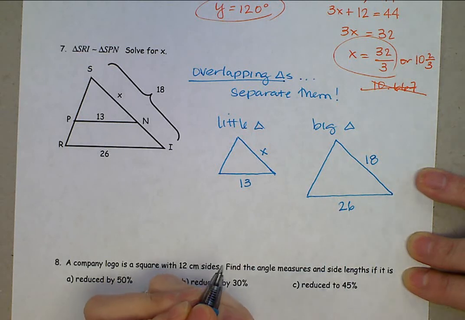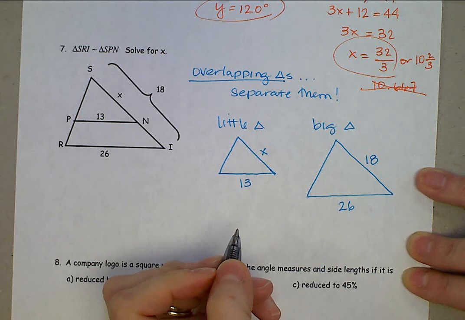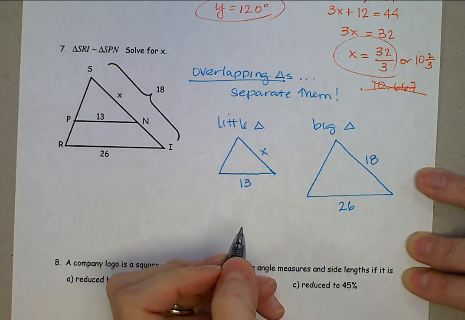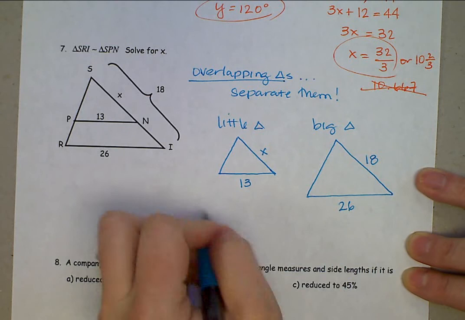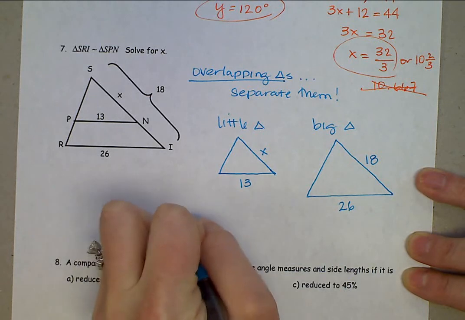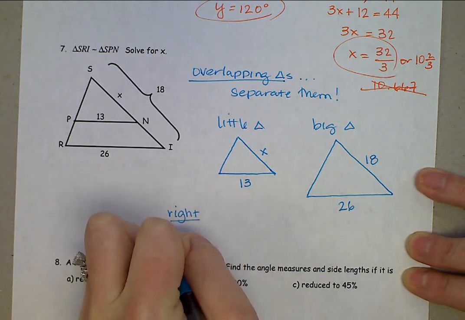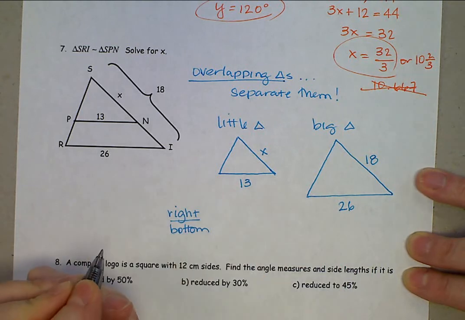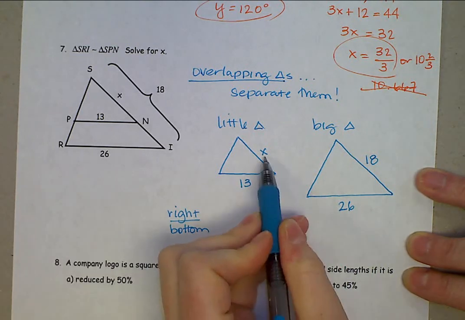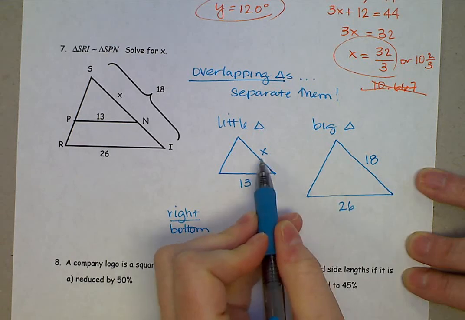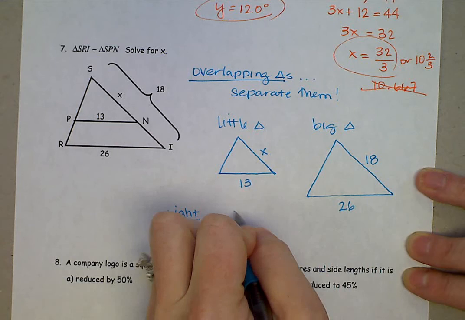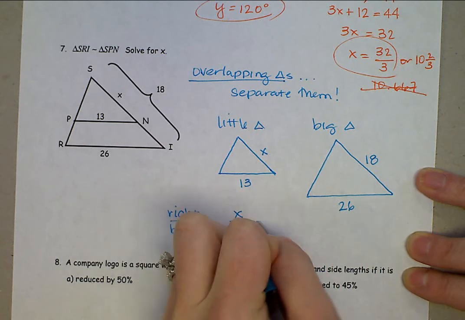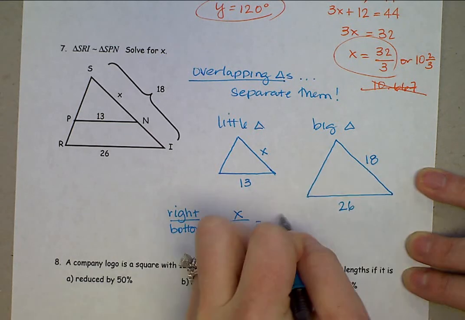Now we need to solve for x. So let's do right side over bottom. I'm going to show you another way to do it in just a second. So x over 13 equals 18 over 26.